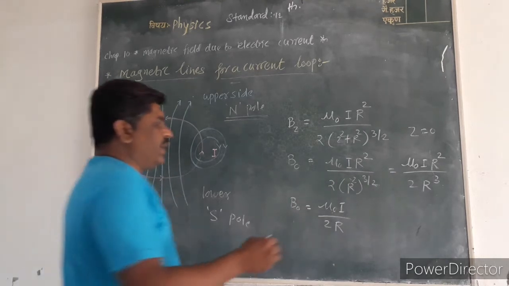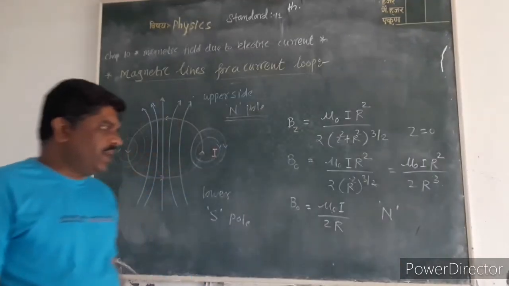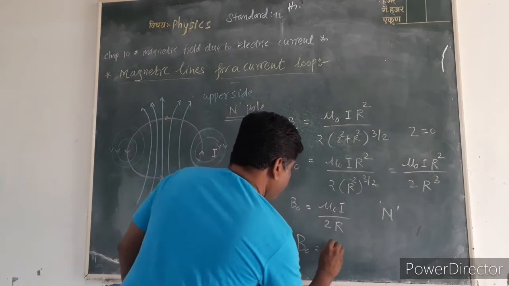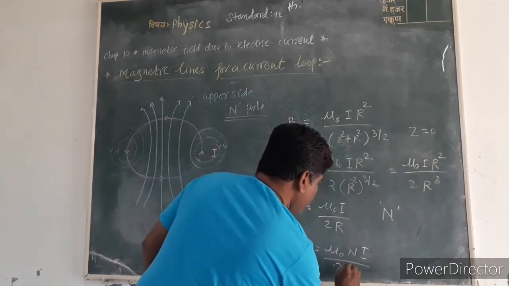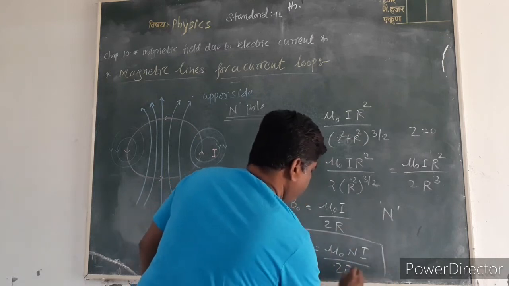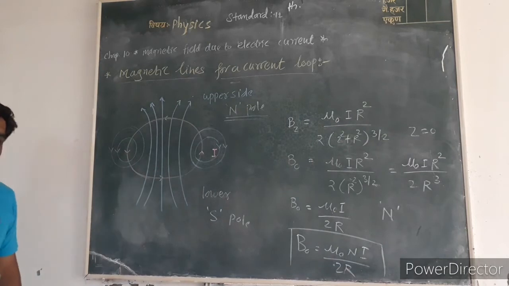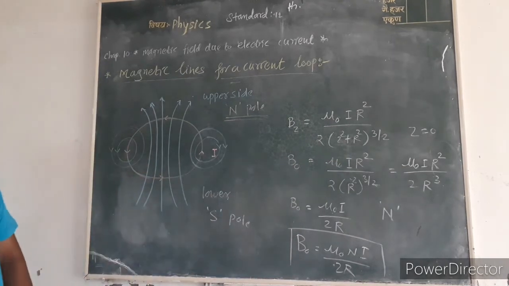If the coil has n number of turns, then B0 is equal to mu 0 N I upon 2r. So for a coil having n number of turns, the magnetic induction B0 is equal to mu 0 N I upon 2r.